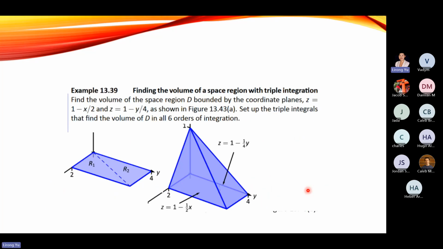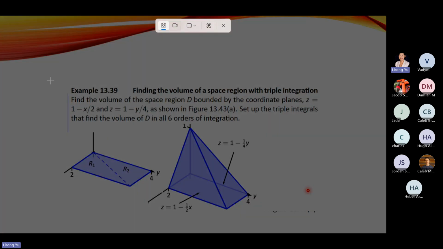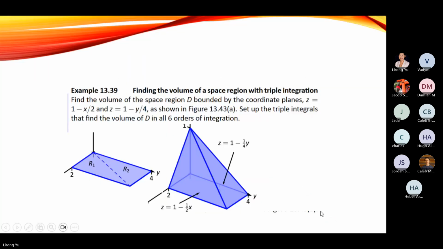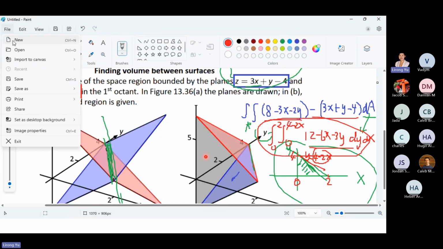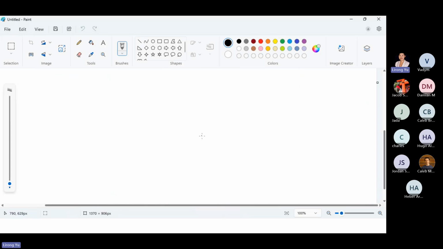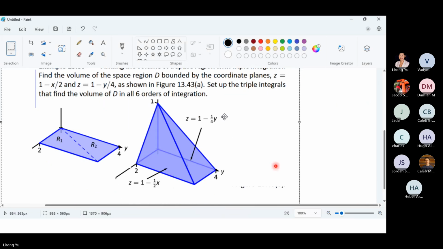But we could choose the integration order in a way that is easier for computation. For example, we do not project onto the xy plane, we project onto the yz plane, and we will be able to finish the integration as one integral instead of two separate ones.